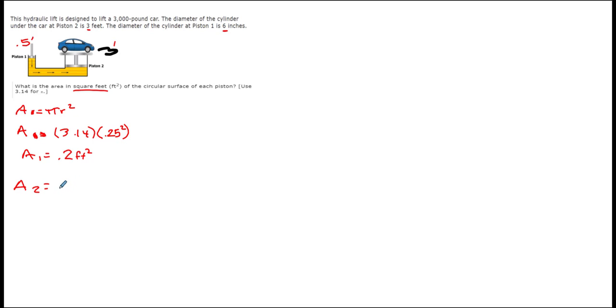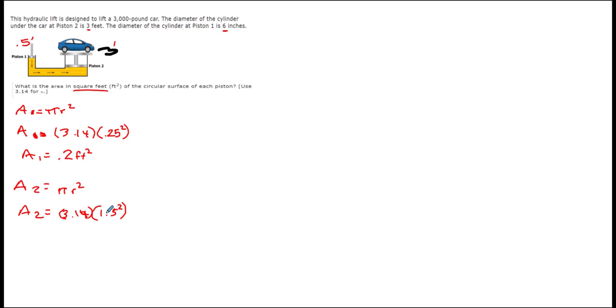So the area for piston 2, likewise, is pi r squared. Area of piston 2 is going to equal 3.14 times, and the radius here is going to be 1.5 because the diameter is 3, and that's already in feet.